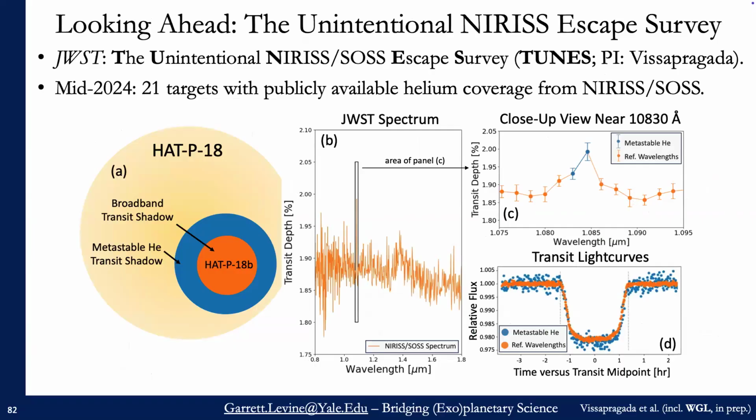And so I'm part of the TUNE study that's led by Shreyas Visapragada at Carnegie Science. What we're doing is homogeneously analyzing all of the data with NIRSpec that covers this metastable helium triplet. And this will help us, for me, to identify good targets for future aeronomy work and provide us with a homogeneous population-level catalog of atmospheric escape.